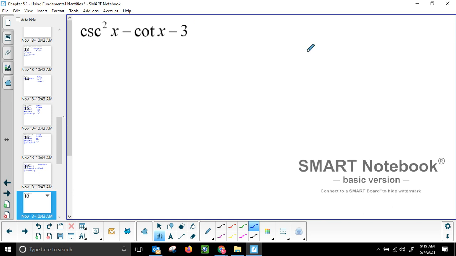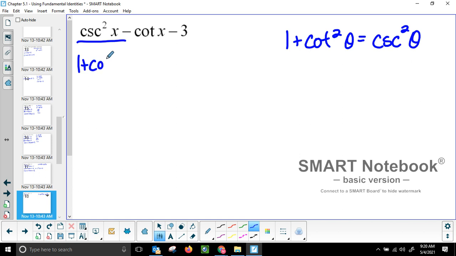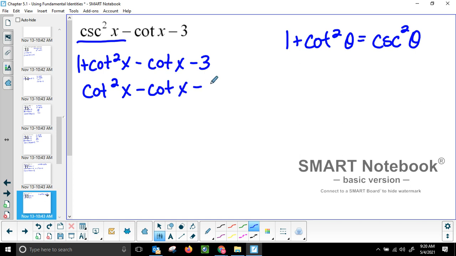Here again, one of our Pythagorean identities says that 1 plus cotangent squared theta is equal to cosecant squared theta. So I can replace my cosecant squared here with 1 plus cotangent squared. I still have my minus cotangent x minus 3. Again, I have to combine like terms here. So I end up with cotan squared x minus cotan x minus 2.